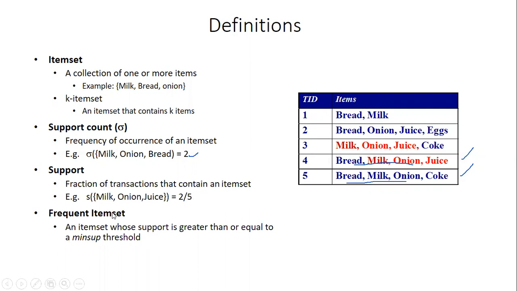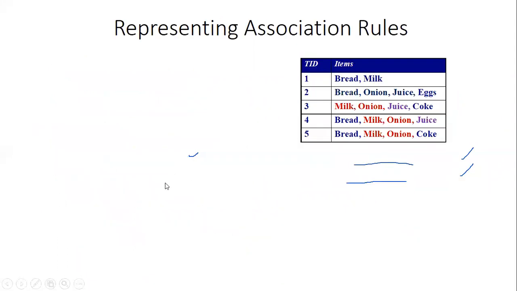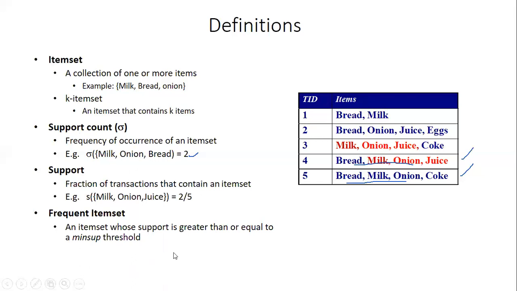Next, frequent item set. What is a frequent item set? We have item set and frequent item set. An item set is the collection of one or more items, whereas for a frequent item set there is one concept called minimum support. What is that minimum support?